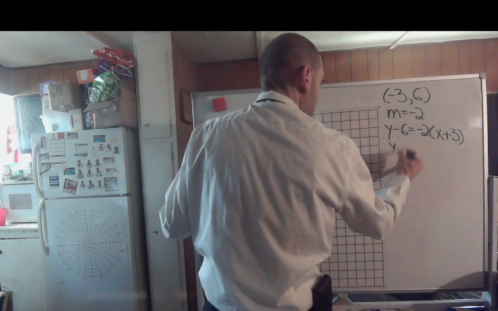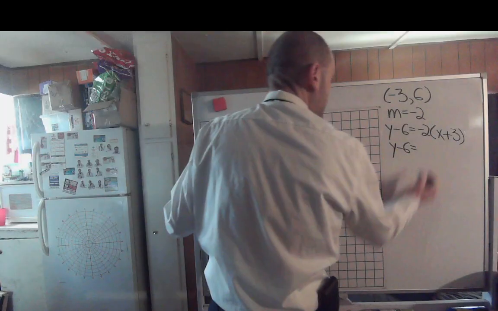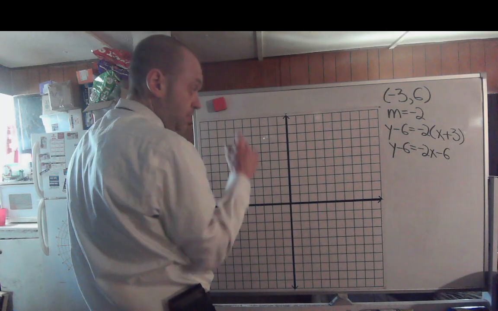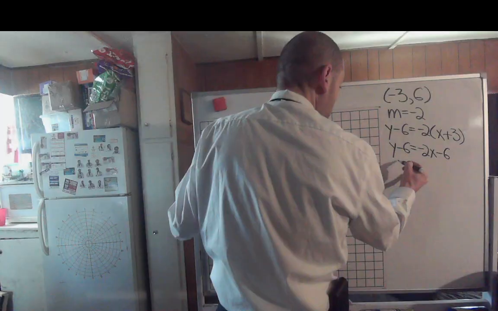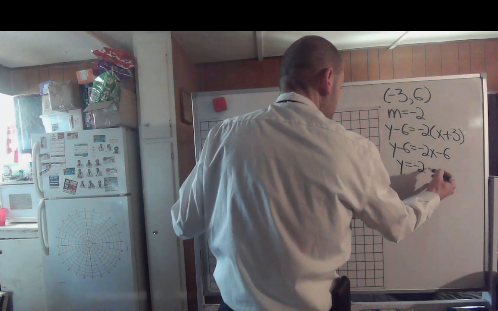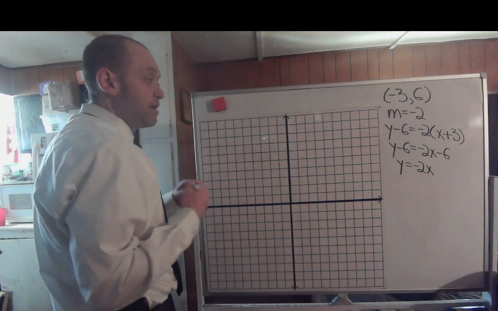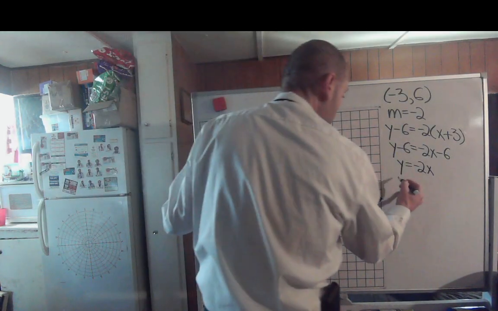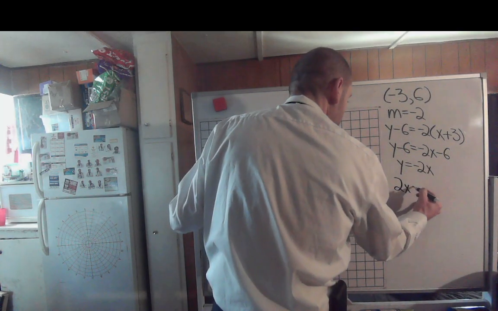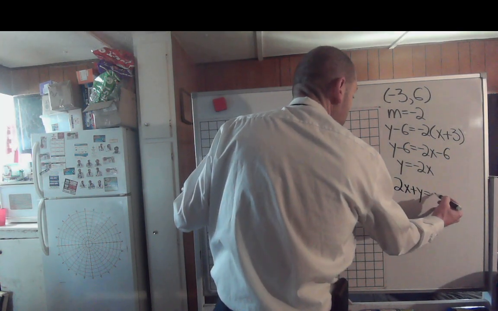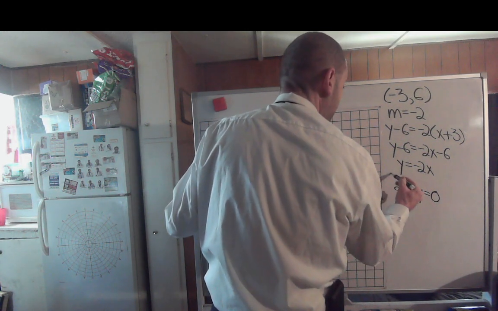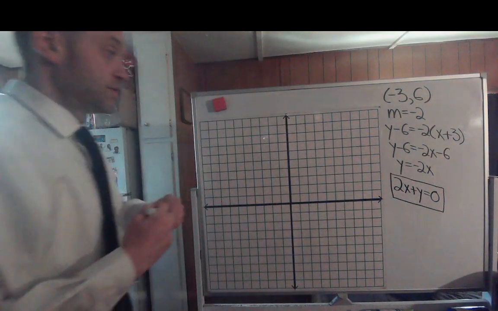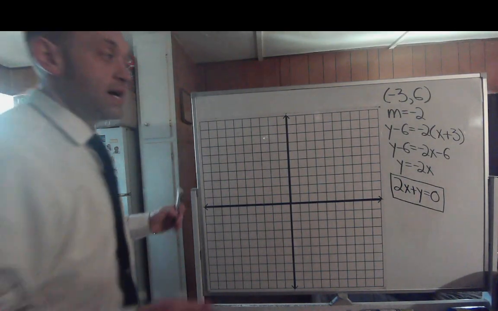So this would give you y minus 6 equals -2x minus 6, which in short would give you y equals -2x. That would be for the slope-intercept form, but they want the general form. So the general form would just be 2x plus y equals 0. So that would be your general form, 2x plus y equals 0.